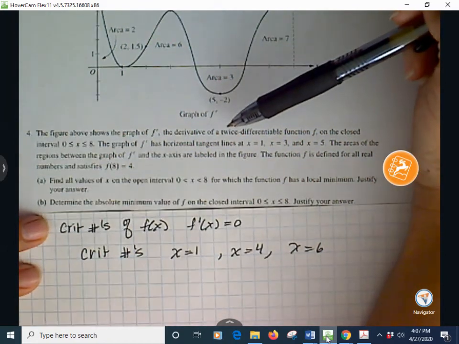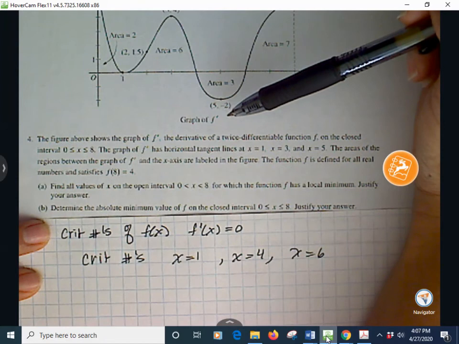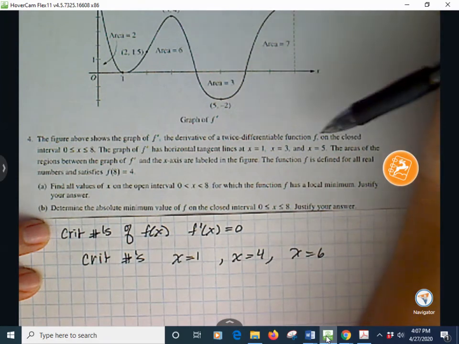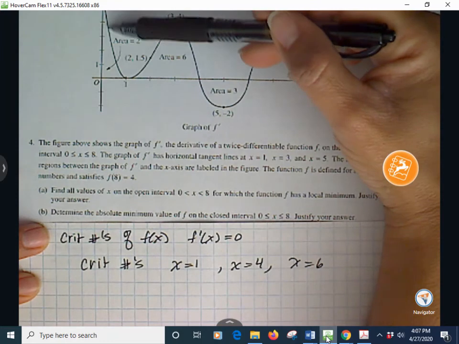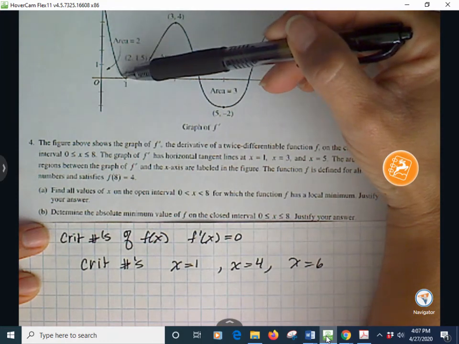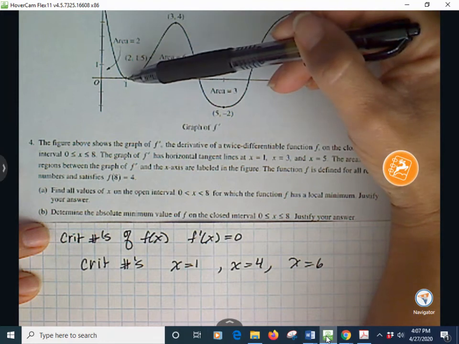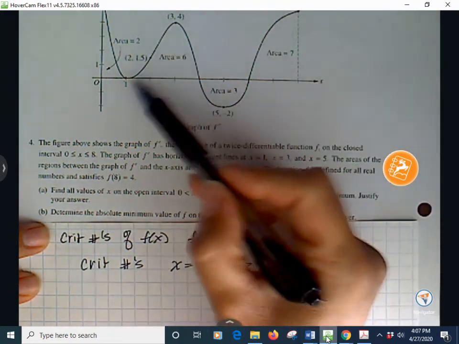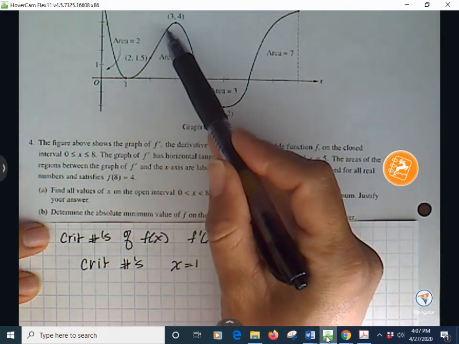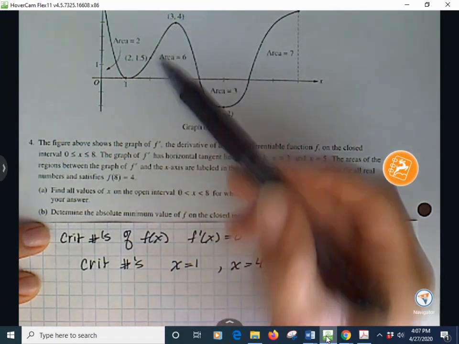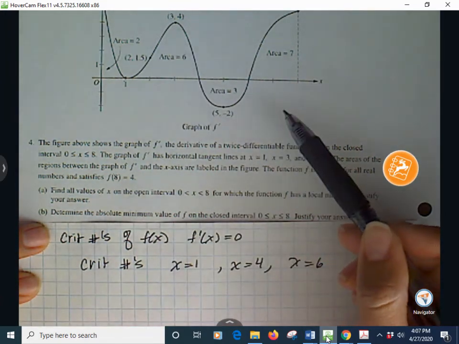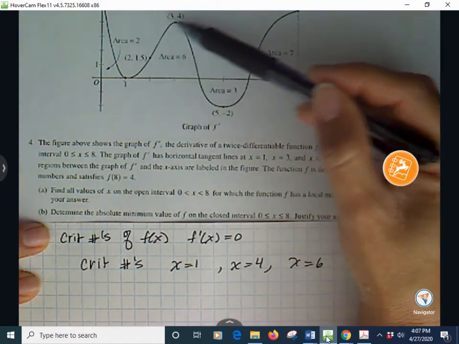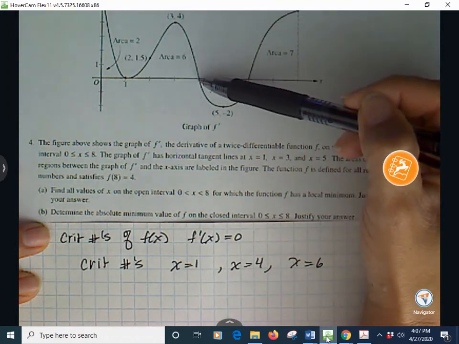The y values of f prime tell you if the function f is increasing or decreasing. As you can see here, the y values of f prime are positive. That means f is increasing. At 1, it's a slope of 0. But after 1, the y values are positive again, which means it was increasing, slope of 0, and then it was increasing. And it continued to increase all the way up to x equal to 4.